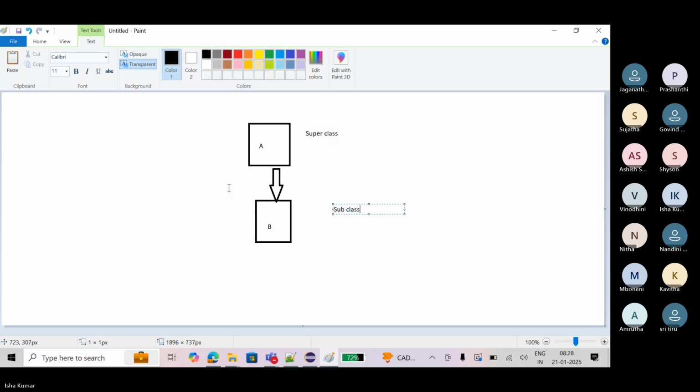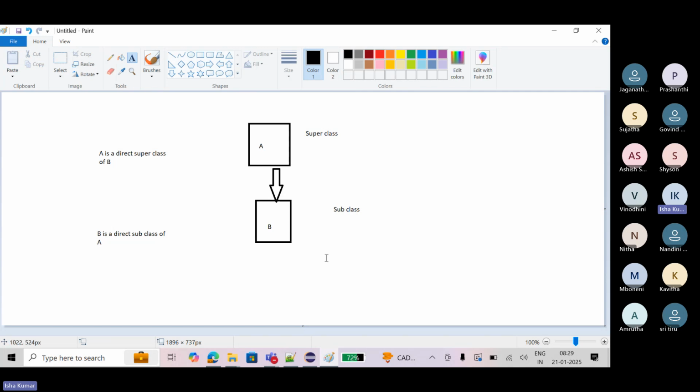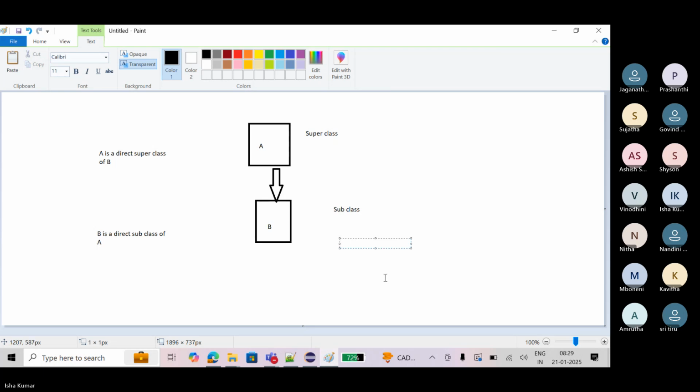Nothing is there in between. So A is a direct superclass of B, and B is a direct subclass of A. That's how you read it. And we can represent this by writing class B extends A. That is the representation.